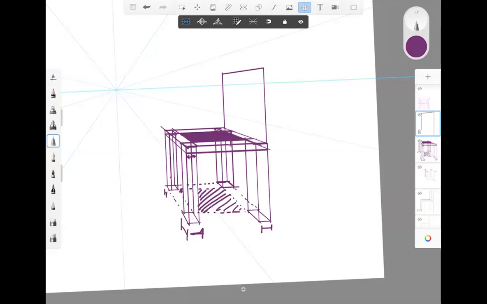Then if we just draw a line here and here, here and here, then we can say, okay, so that is the face of that back. It's not quite right yet.